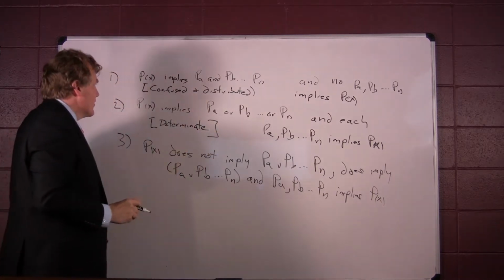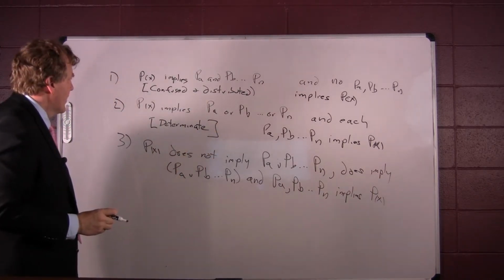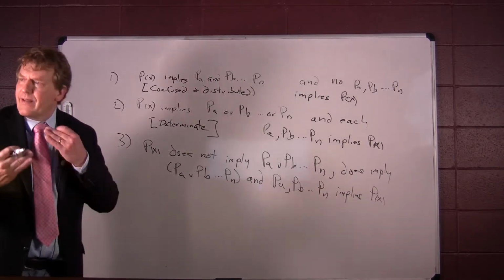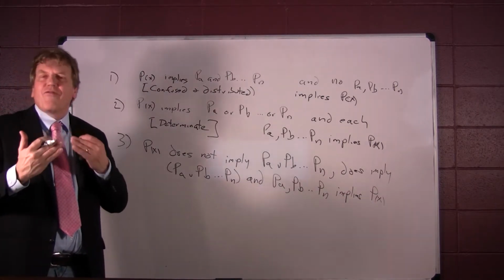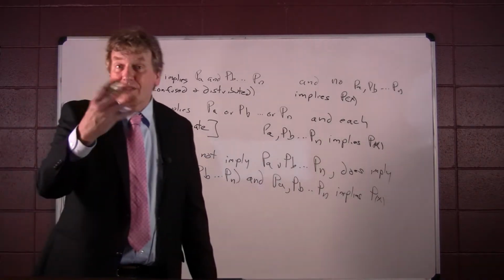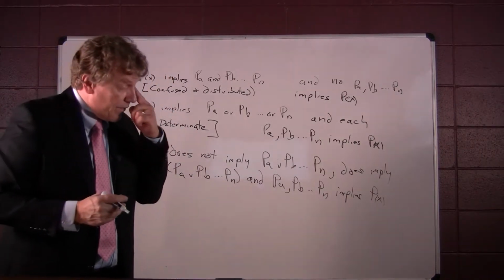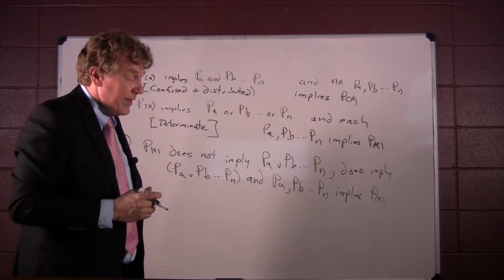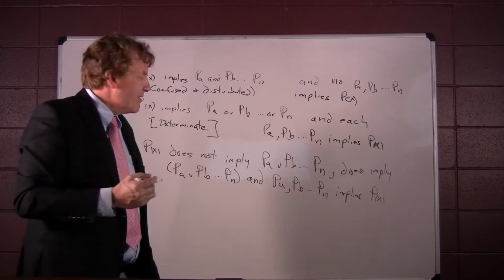So the first is confused and distributed, and the second is determinate. See, this is really quite foreign to how we think today. You can see echoes of how we think in some of this, but this is a different way of doing things.